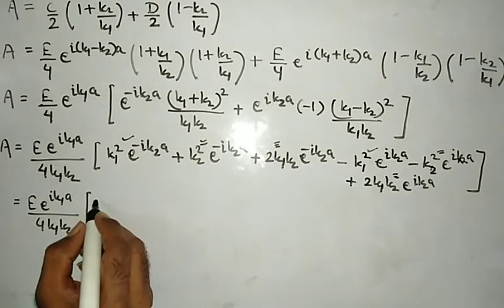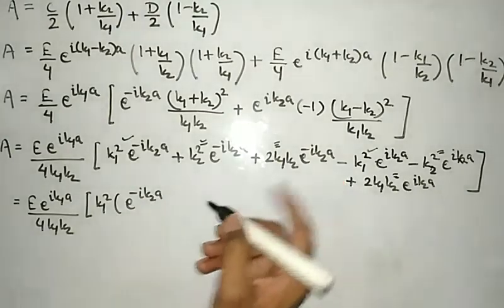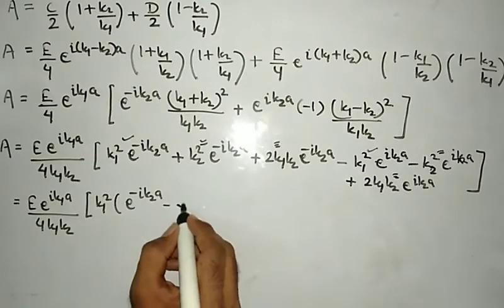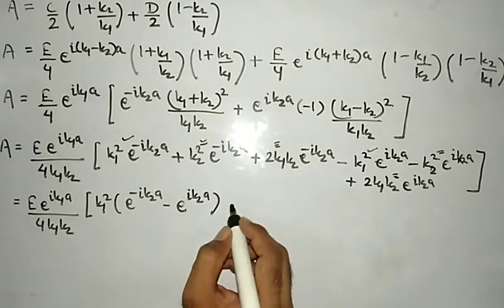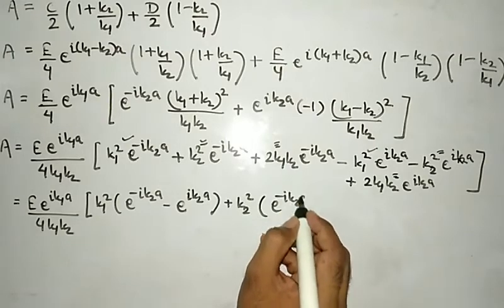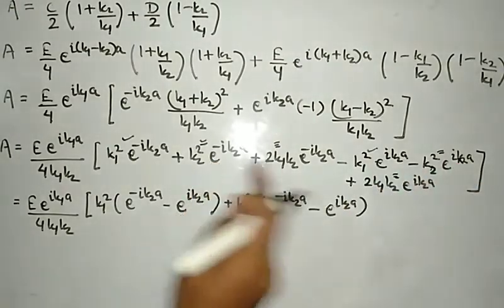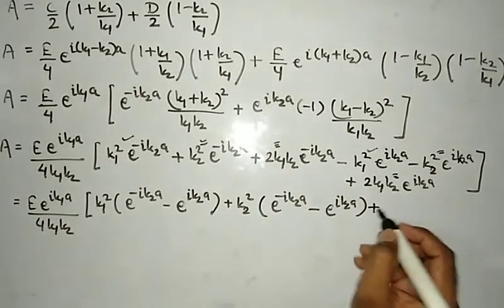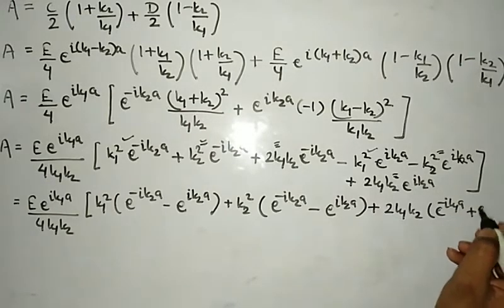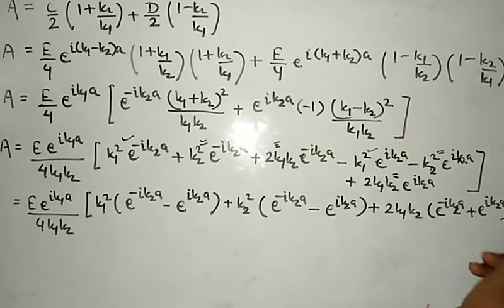Now taking k1 square, what is remaining? e to the power minus i k2 a minus e to the power i k2 a, and for k2 square, e to the power minus i k2 a minus e to the power i k2 a, and after this plus 2 k1 k2 (e to the power minus i k2 a plus e to the power i k2 a), bracket closed.